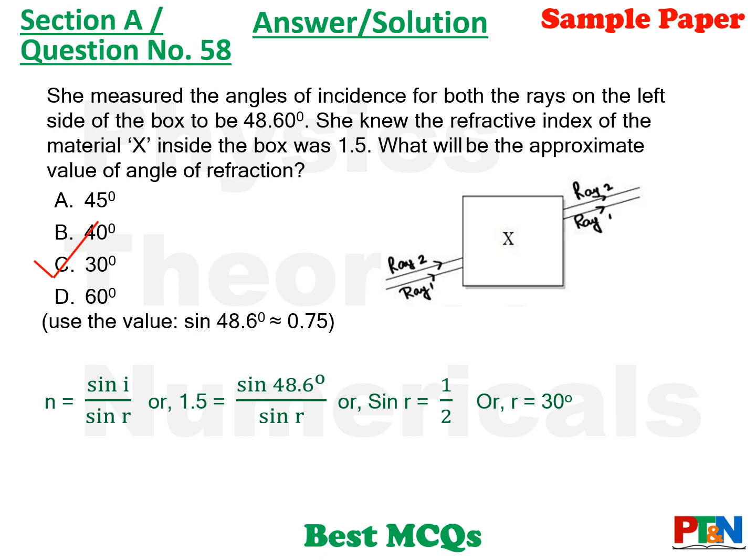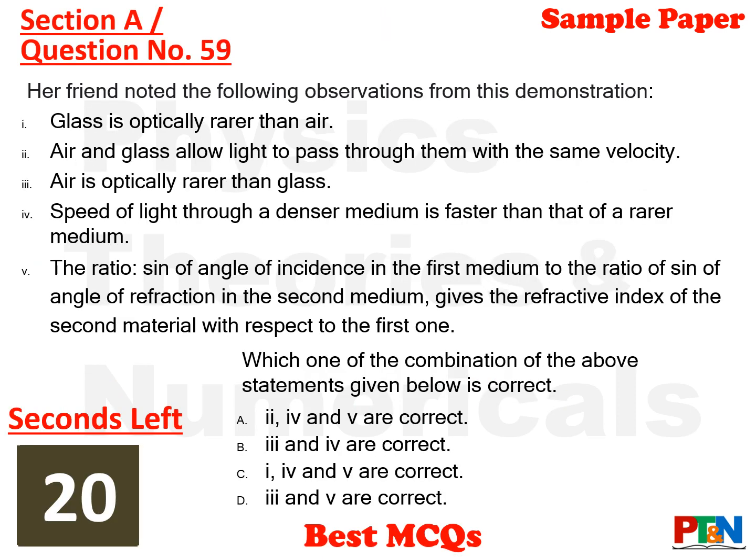Next question, 59. Now her friend noted following observations from the demonstration. 4 observations have been given. Again, you need to find out which of the observations are correct. 20 seconds time for you.